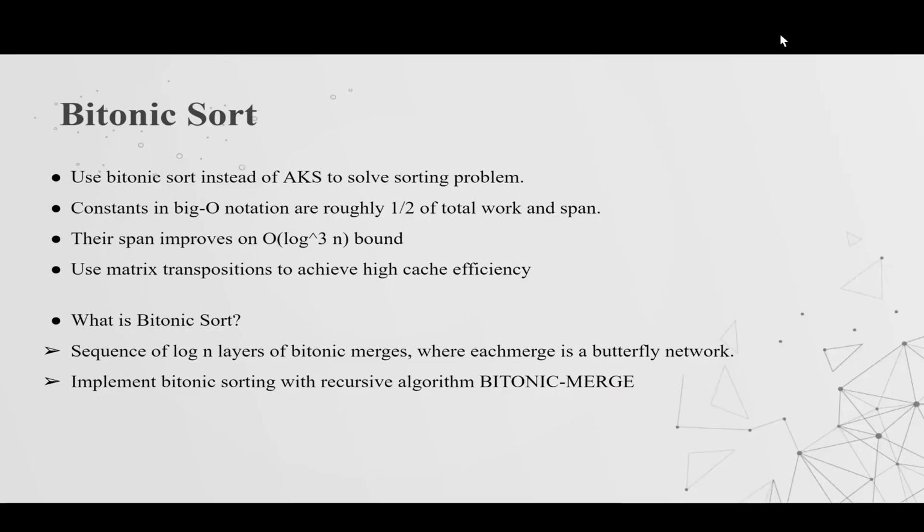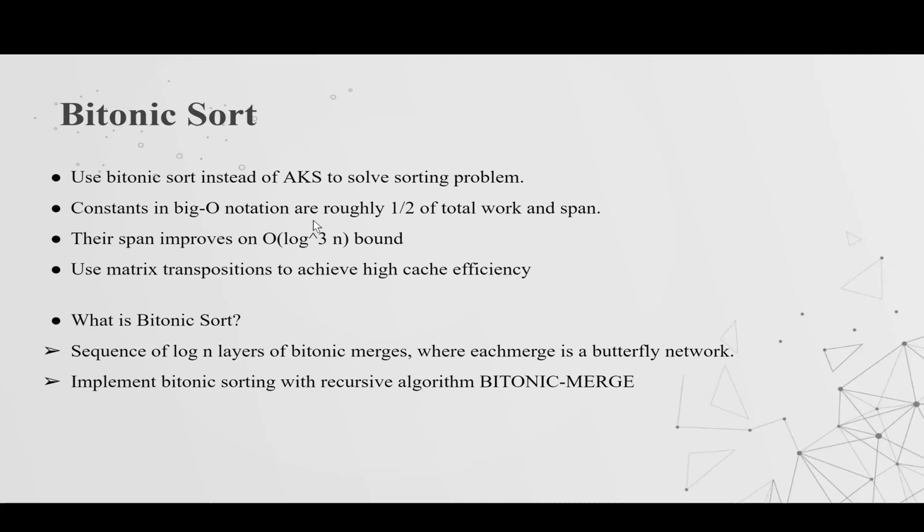Now let's see Bitonic sort in binary fork join. They use Bitonic sort instead of AKS for the smaller instances of sorting problems. AKS is typically a sorting network which has log n layers with n nodes. Their data-oblivious cache-agnostic binary fork join algorithm implementation achieves higher cache complexity with maximum work and span.